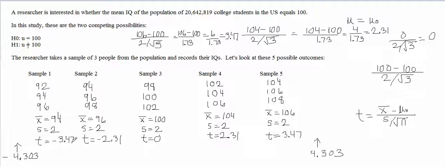Which means actually none of these outcomes reached the rejection area because none of the t-scores reached the positive critical value or the negative critical value. I would like to be able to add an outcome that does reach the critical value.